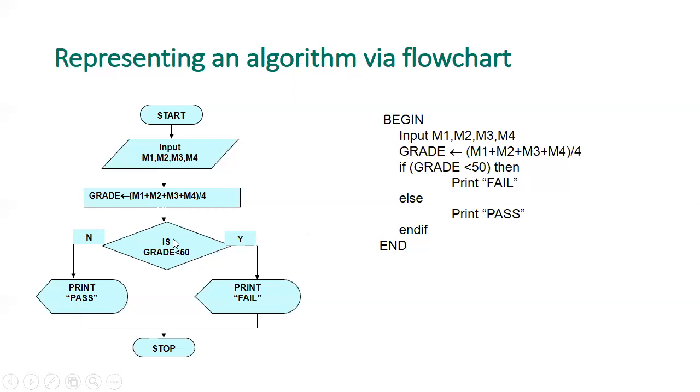Now, how that's represented in a flowchart is like this. We have a diamond. A diamond is used for a decision box. So what's happening here is we calculated the grade from those. If the grade was less than, if it's true, we do this. Yes means true, right? We only do this if it's true. If it's true, we don't do that stuff, right?